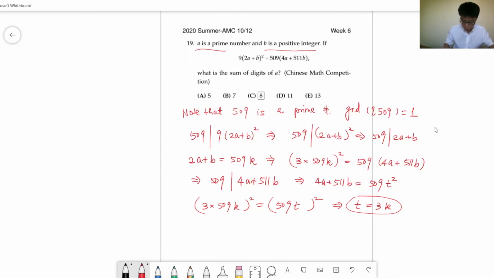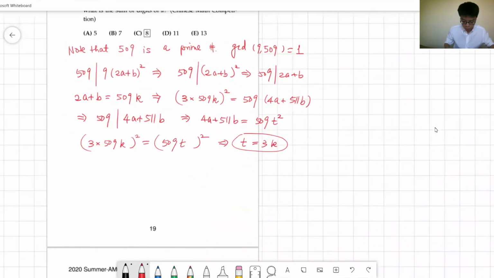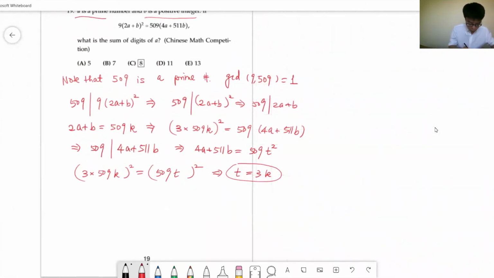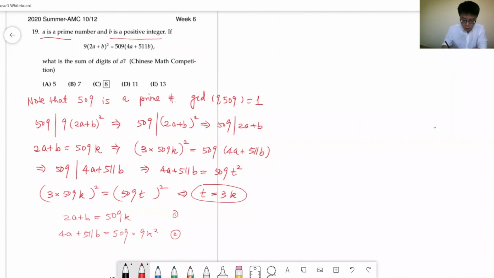Let's try to find more properties of a and b. We have 2a plus b equals 509k, and 4a plus 511b equals 509 times (3k) squared, so it's 9k squared. Let me call this equation 1, this equation 2. So let's do the following: the second equation minus twice the first equation.